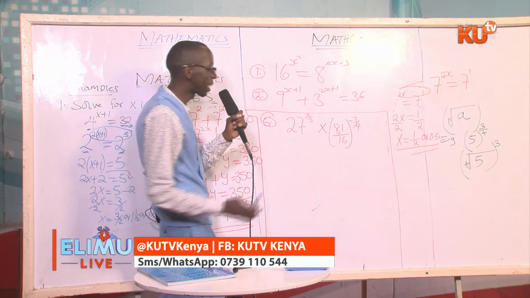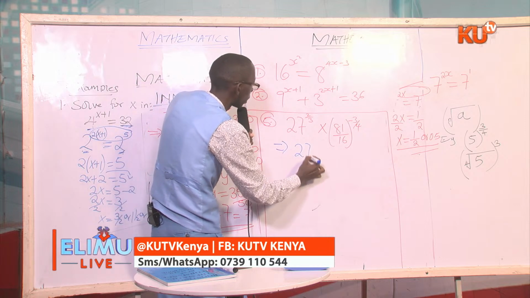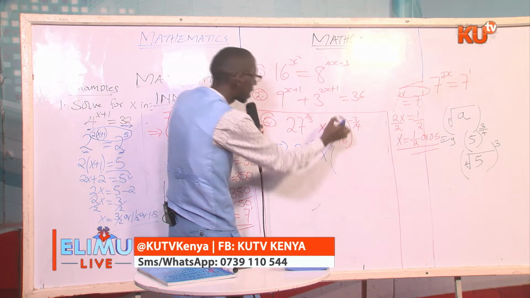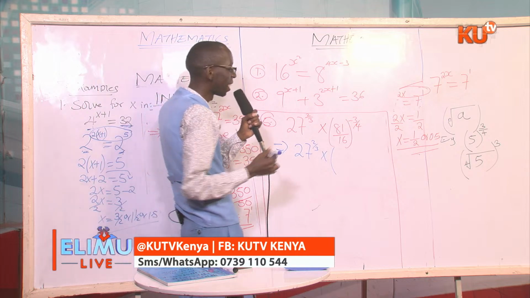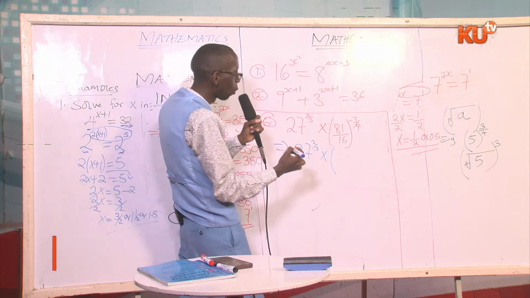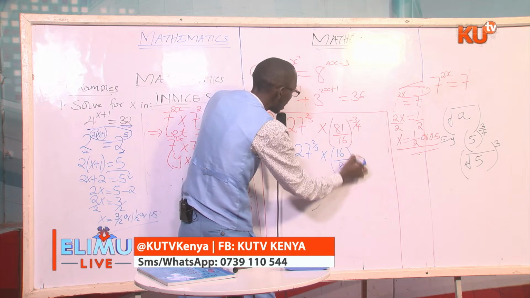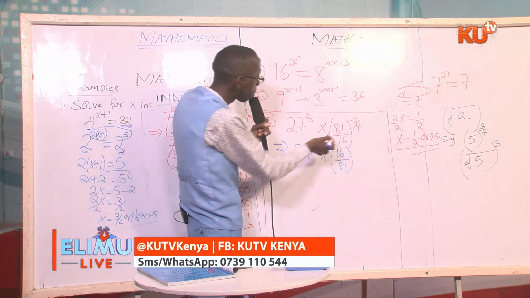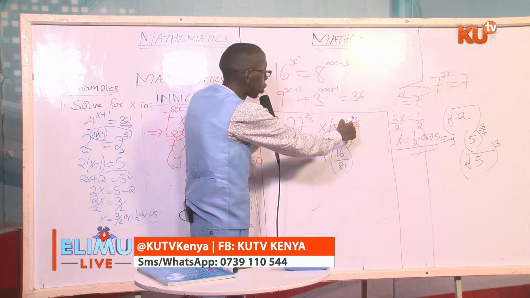We have 27 to power 2 over 3 times the reciprocal of 81 over 16, which will be 16 over 81. There is a law of indices that says if we reciprocate the base, the sign of the power changes.